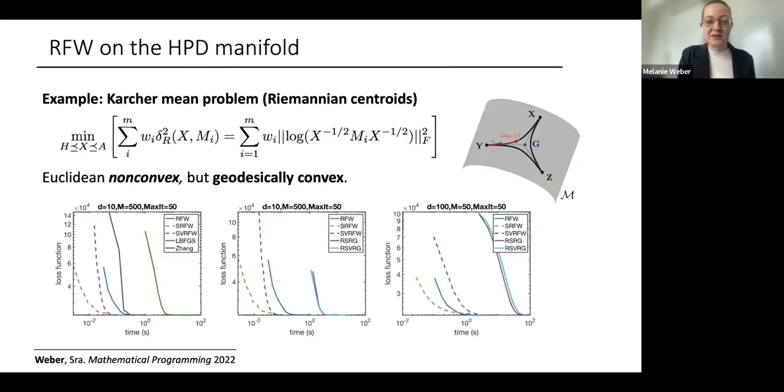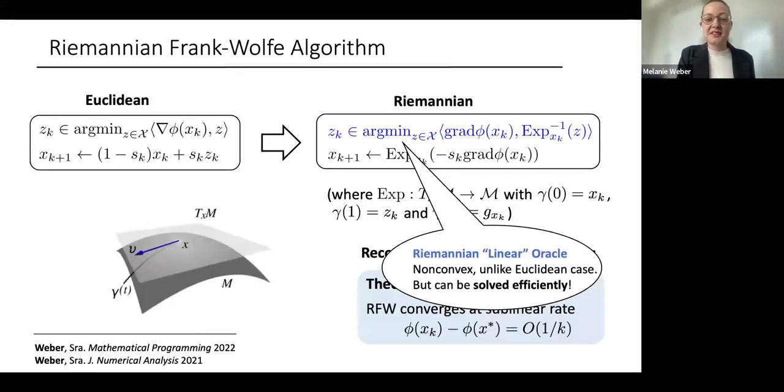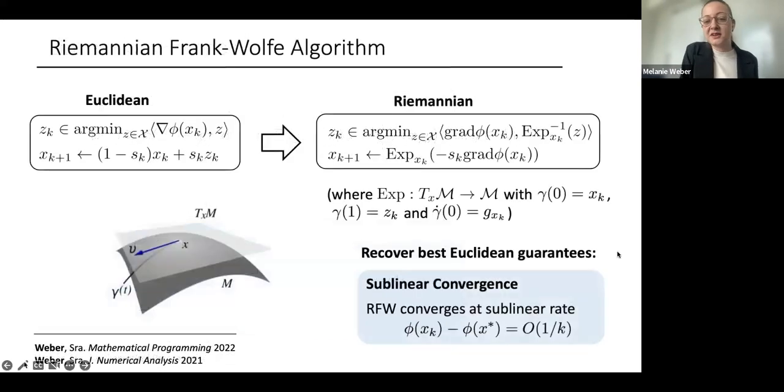So I should have said in the first part of the talk, this algorithm is not restricted to the convex setting. We can also apply this algorithm to geodesically non-convex functions. In that case, this X star will only be a local optimum.